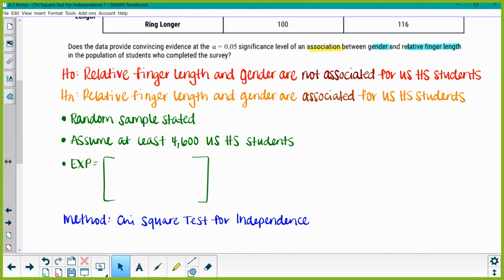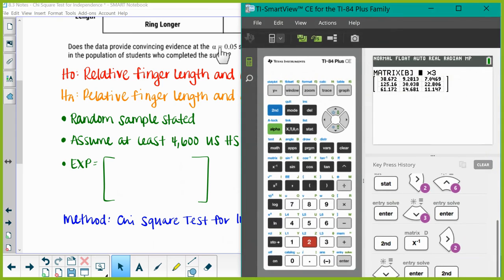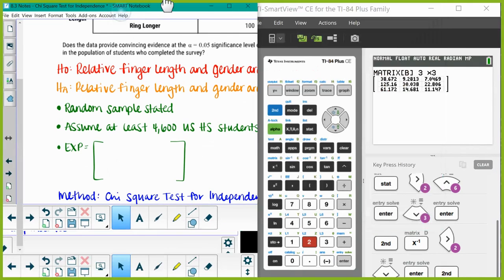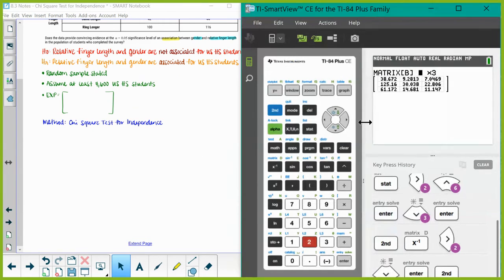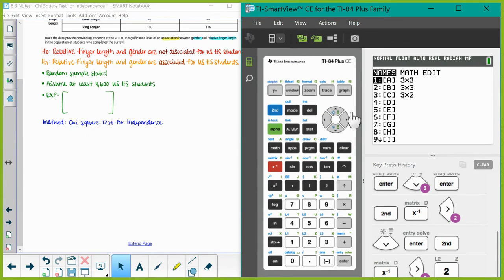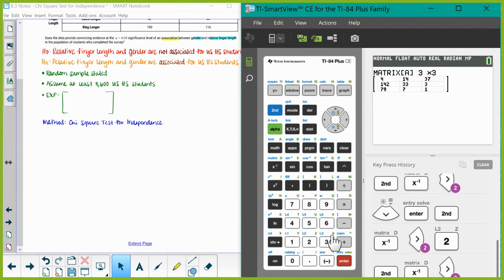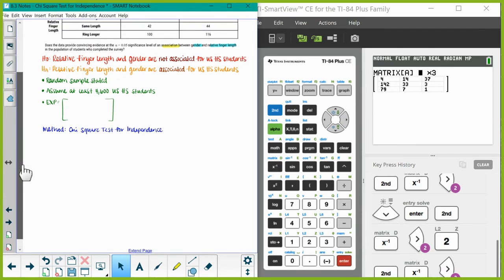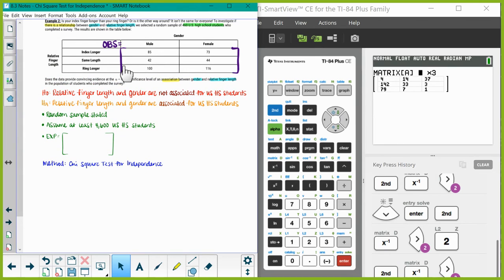So I am again going to open up my calculator. Gonna try to do split screen again, see if it works. There we go, getting a little bit better. I personally have already entered in my data into matrix C. However, you most likely will just be editing matrix A. So you would just go to edit, A, change this to, if I look at my table, it's no longer a 3 by 3, it's a 3 by 2.